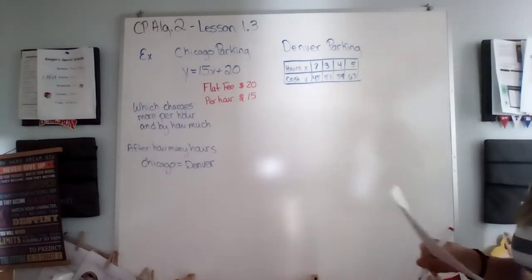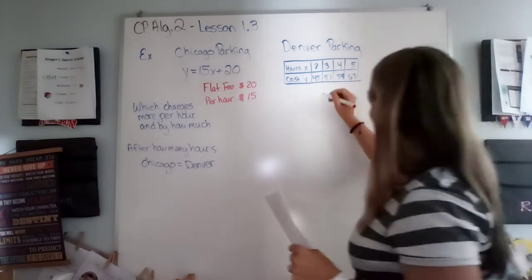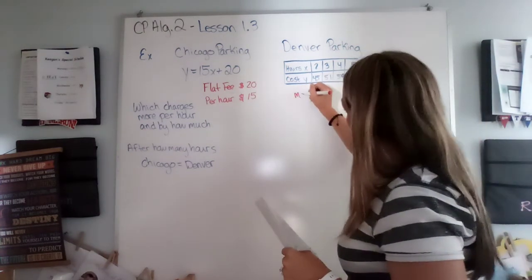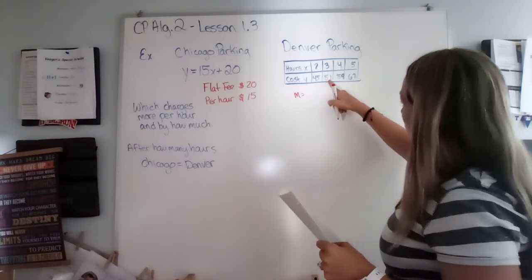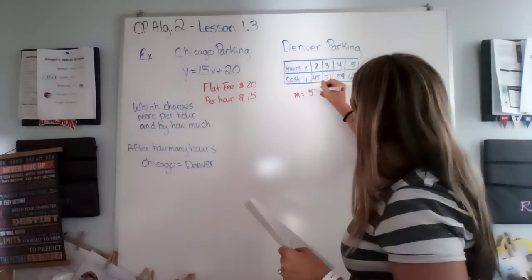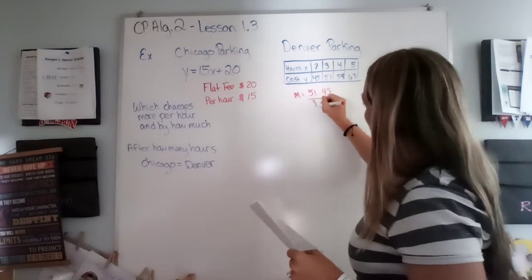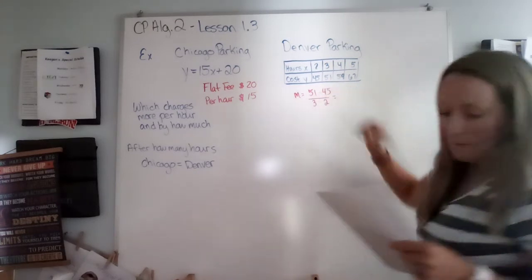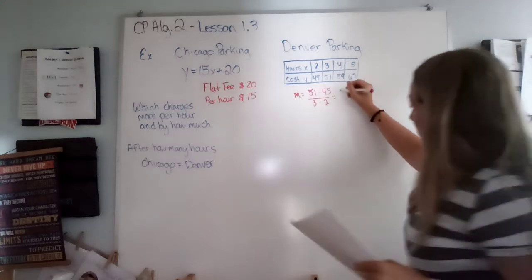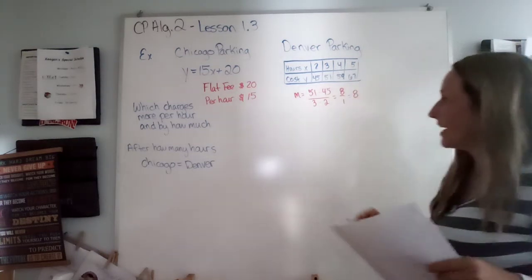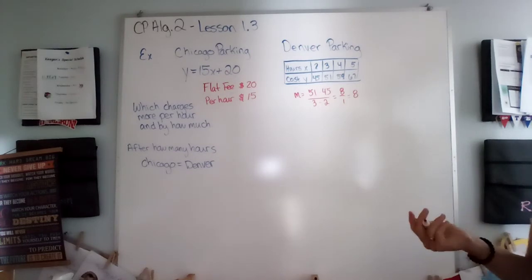You could also plug into the slope formula, so that's what I'm going to do. Pick any 2 points, it doesn't matter which, and find the change in y. So I'm going to do 51 minus 45 over the change in x, 3 minus 2. And you're going to get 8 over 1. So 8 is the slope.